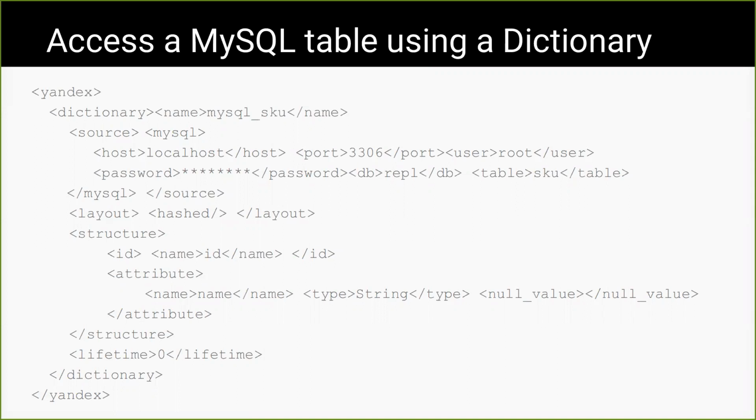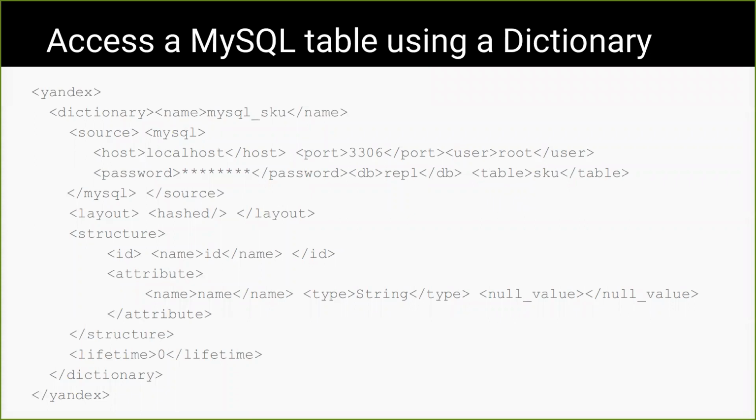In the example I'm showing, the dictionary is actually being loaded from MySQL. So we give source information, and what you see here is an XML file that you fill out. You just pop it into the etc ClickHouse server directory, and then ClickHouse will automatically recognize it.